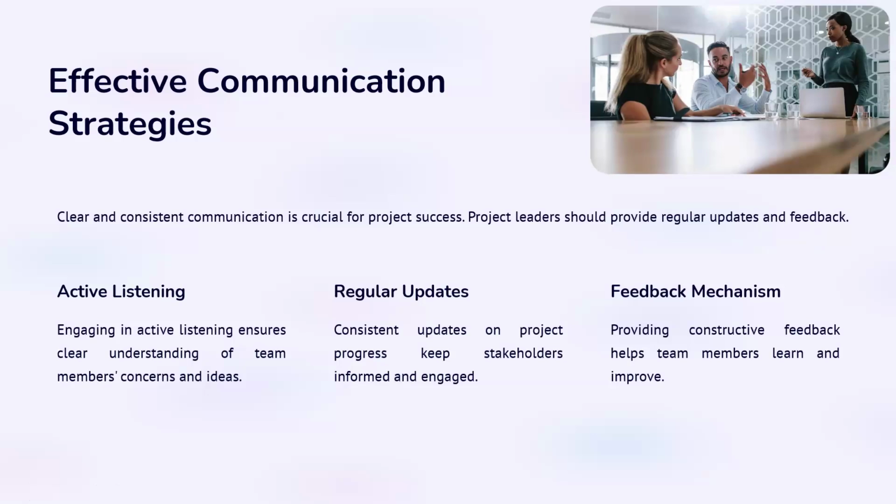Whatever update the top management gives to the project leader, or whatever update the project leader receives from the market, the industry, the government, any external environment, or sometimes from the competitors, a clear communication has to happen immediately.